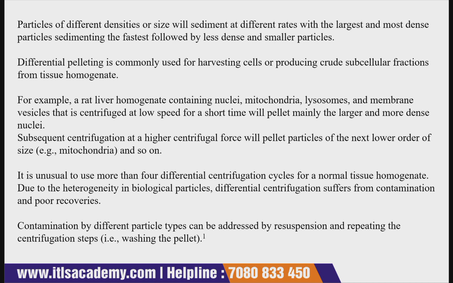For example, a rat liver homogenate containing nuclei, mitochondria, lysosomes, and membrane vesicles that is centrifuged at low speed for a short time will pellet mainly the larger or more dense nuclei. Subsequent centrifugation at a higher centrifugal force will pellet particles of the next lower order of size, and so on.